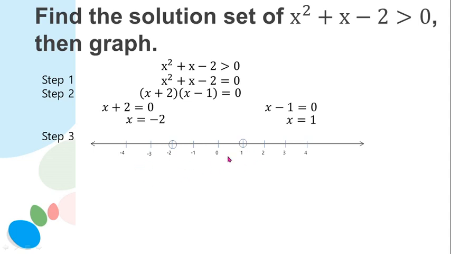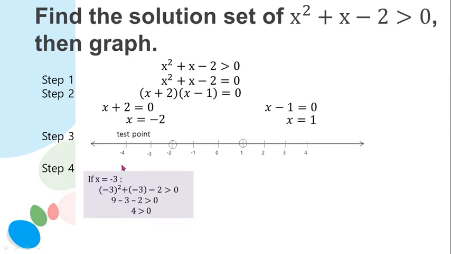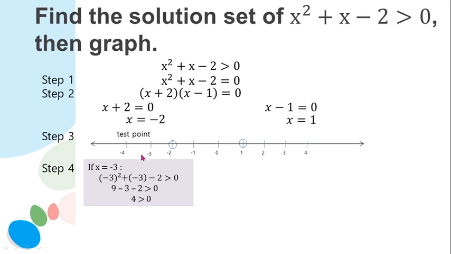So we are going to select a test point from each of the regions. So our test point would be here. If we are going to have negative 3, it is a number which is a representative of the region which is less than negative 2.